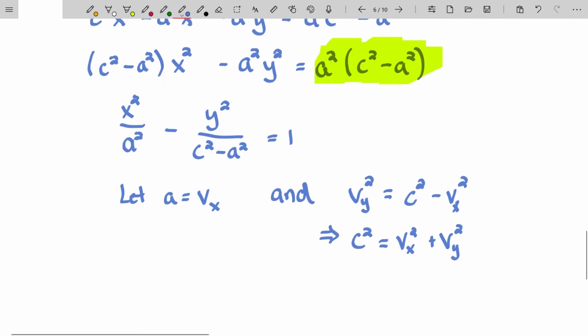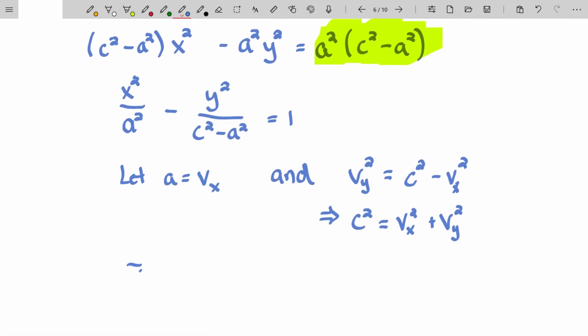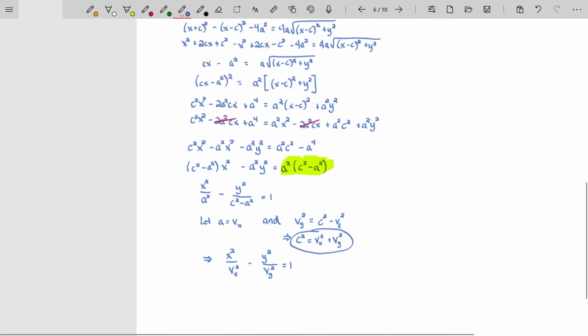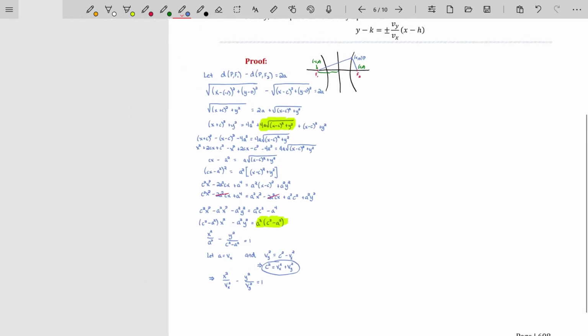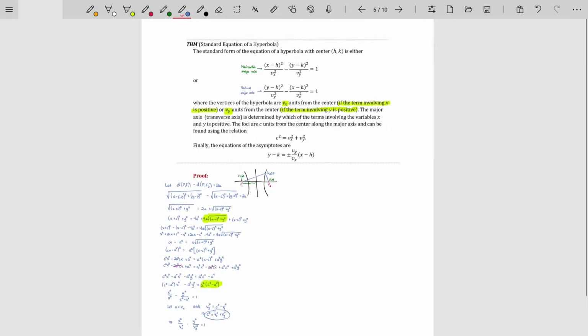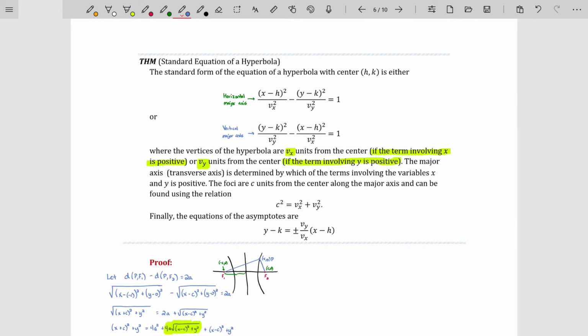Okay. If you do that, your formula is x squared over v sub x squared minus y squared over v sub y squared is equal to 1, where c squared is equal to v sub x squared plus v sub y squared. And if you take a look at our formula way up top, that is exactly what we have for the first part.